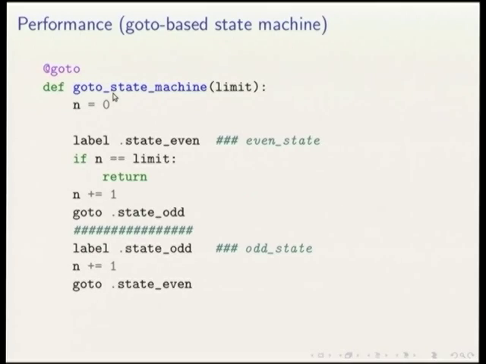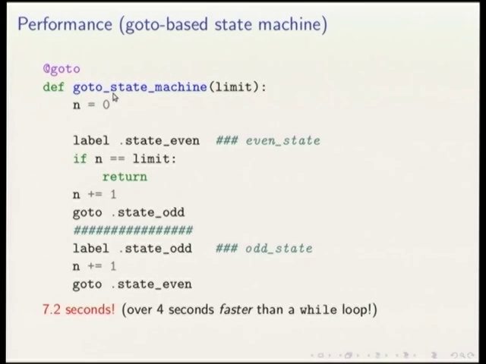And modeling it as Gotos, we can see that in the middle there, I've got a Goto state odd, and state odd's right underneath it, so I wouldn't have had to put those in there, but I wanted to model what it would actually look like if it was a real state machine. So I ran that through. How long did that take? 7.2 seconds. It's 4 seconds faster than a while loop.